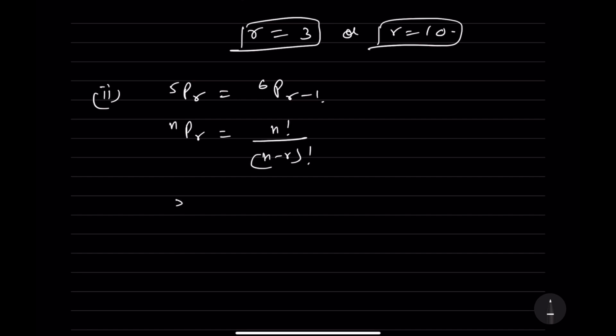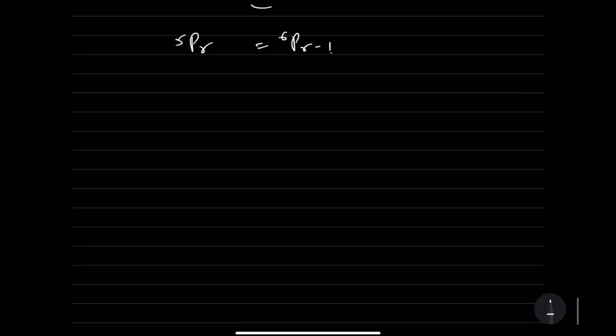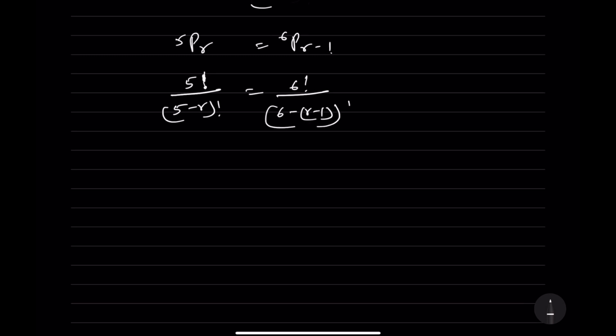So 5Pr is equal to 6P(r minus 1) can be written as 5 factorial divided by (5 minus r) factorial is equal to 6 factorial by (6 minus (r minus 1)) factorial. So this is 5 factorial by (5 minus r) factorial is equal to 6 into 5 factorial by, here you will get 6 plus 1, so (7 minus r) factorial.